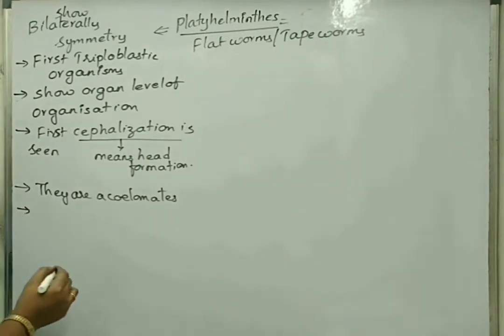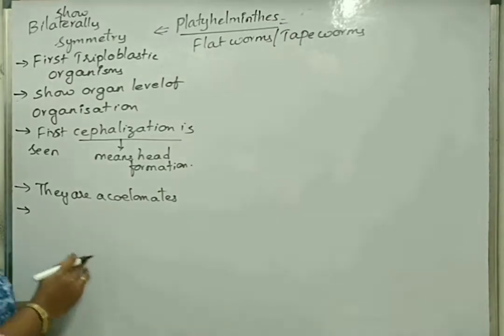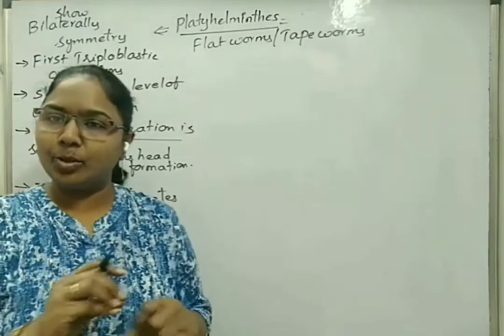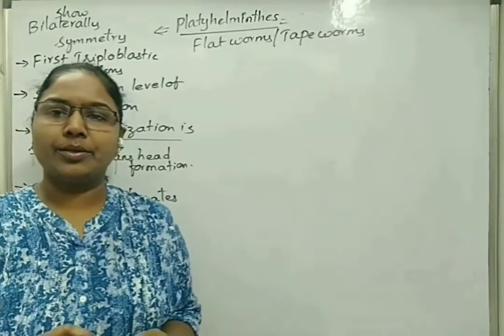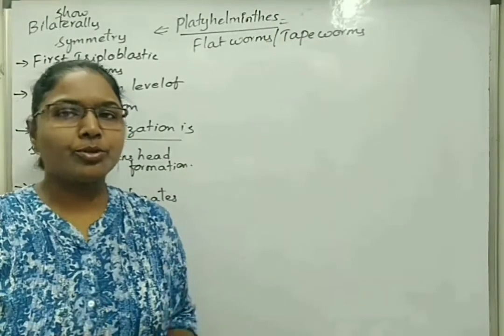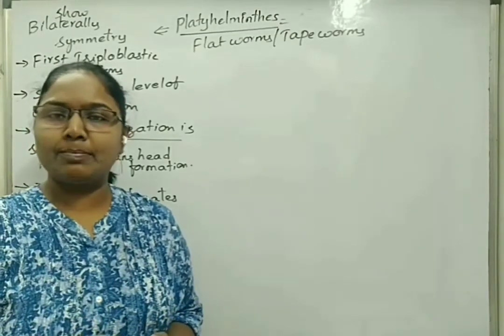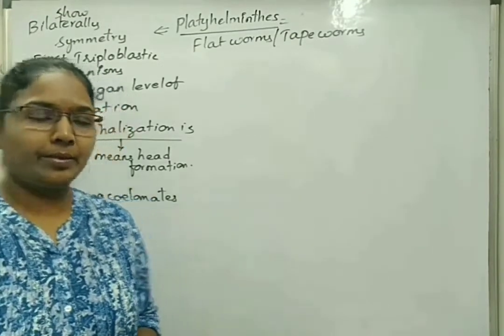Platyhelminthic organisms are mostly endoparasites, meaning they live and complete their total life cycle inside the host. They cannot live outside the host. Few examples like planaria are free living.